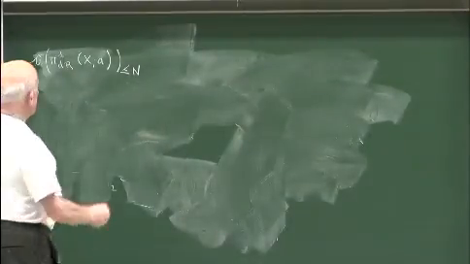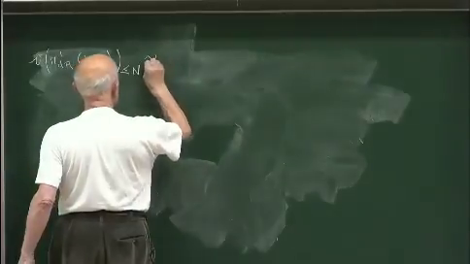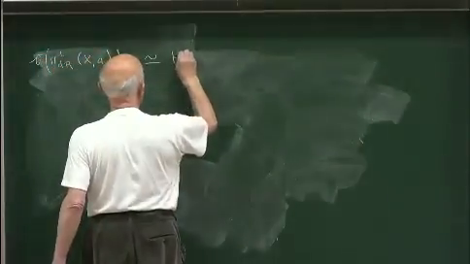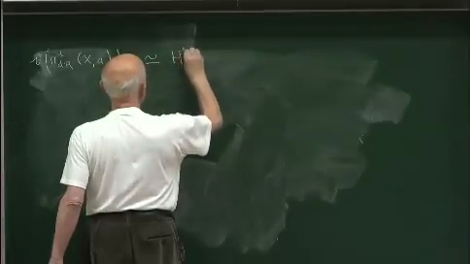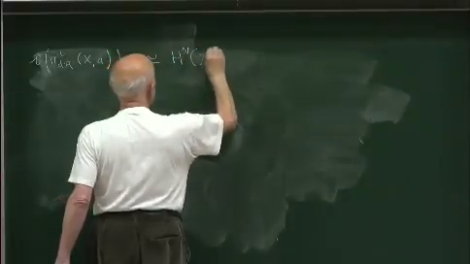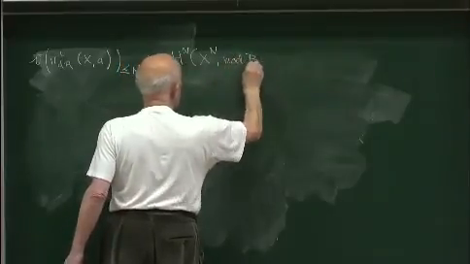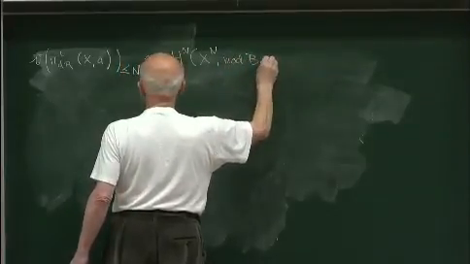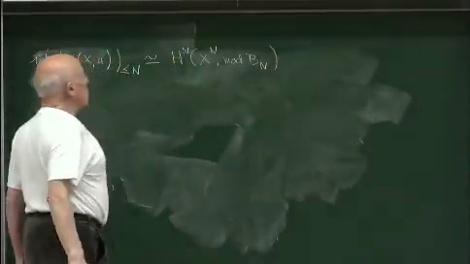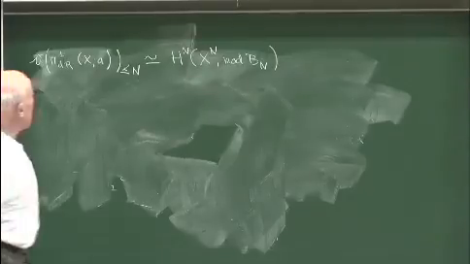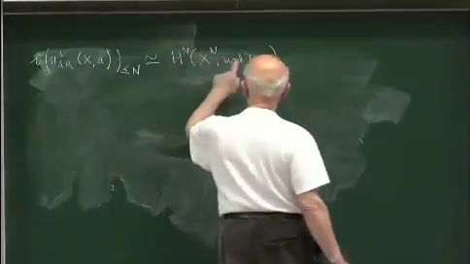Now, what can be shown, and that's done by Deligne and Goncharov, is that this is the same as H^n of X^n mod a certain B_n. So the relative cohomology of X^n, where X is this curve, the projective line minus 3 points, H^n of X^n mod B_n.